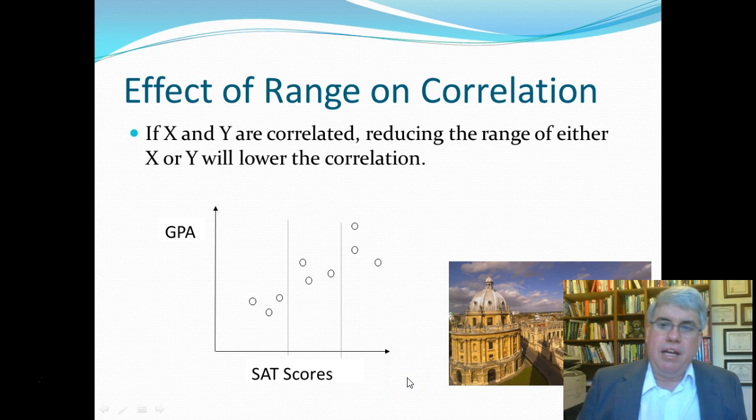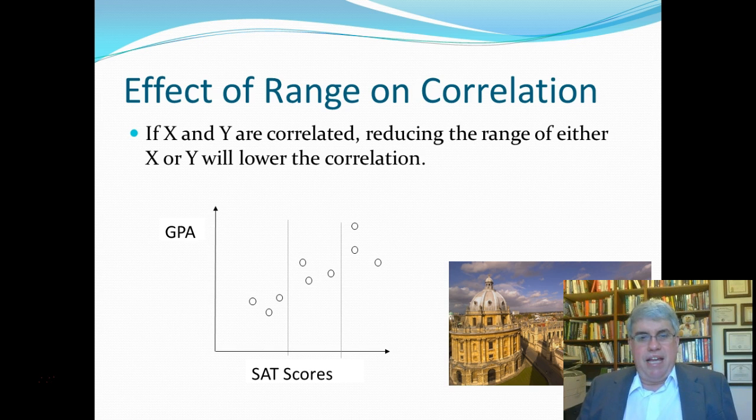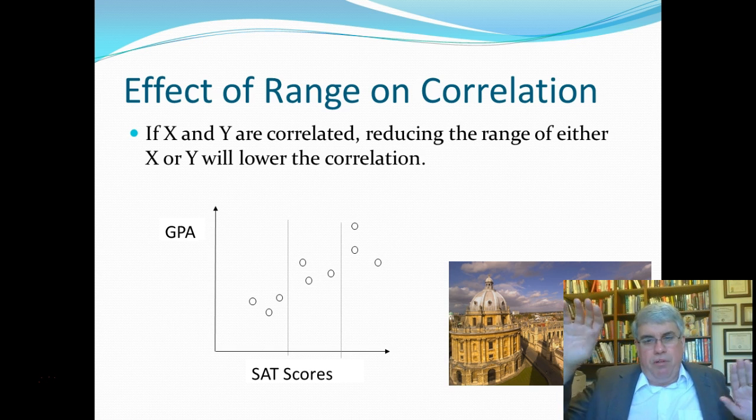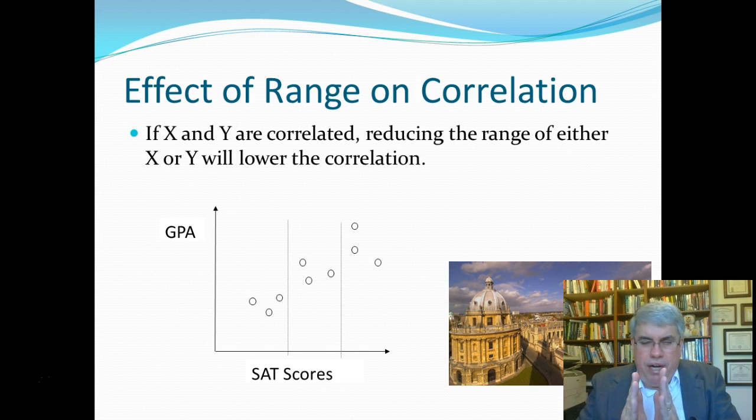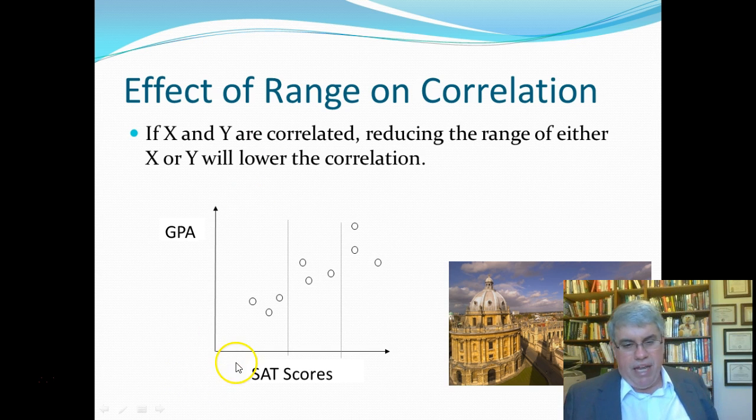Now, an important concept to remember with correlation is what's called the restricted range. If x and y are correlated variables, but we only look at a small range of x or a small range of y, then we're not going to see the correlation very well. Let's take, for example, the correlation between SAT scores and grade point average.